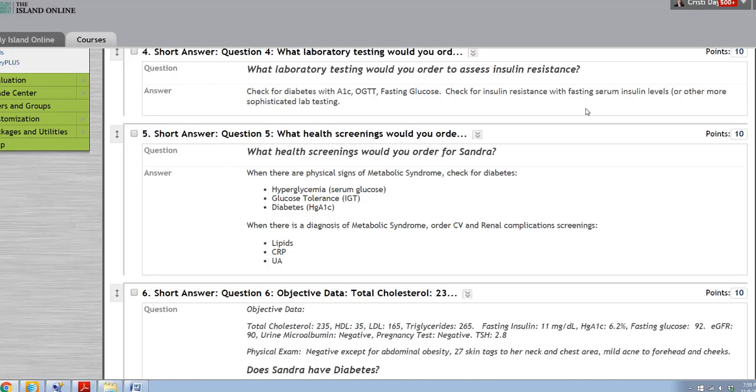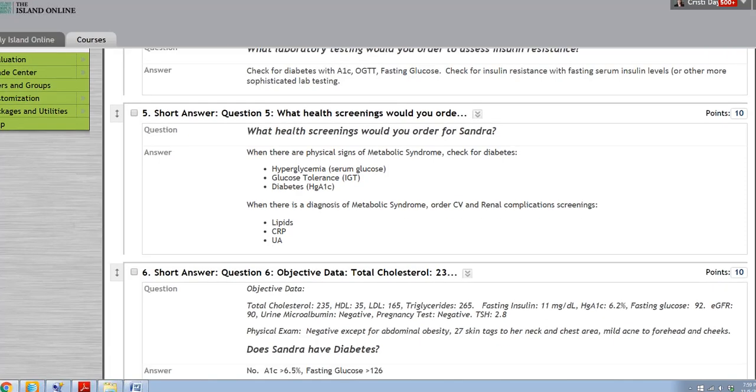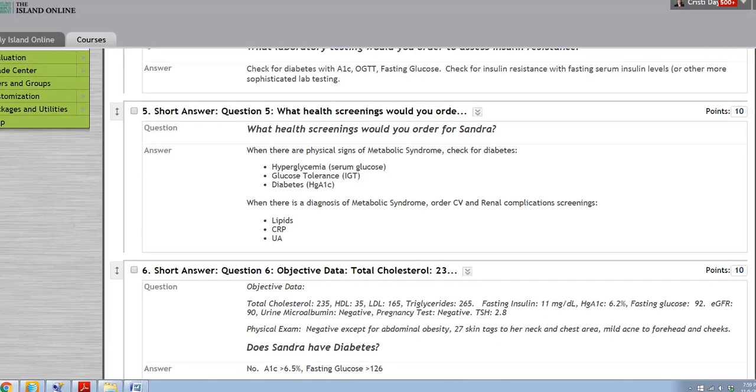The insulin levels rise because it takes more to get the sugar out of the blood and into the cells. But a lot of times the blood glucose remains normal for a long time. So you have these things going on in the background.